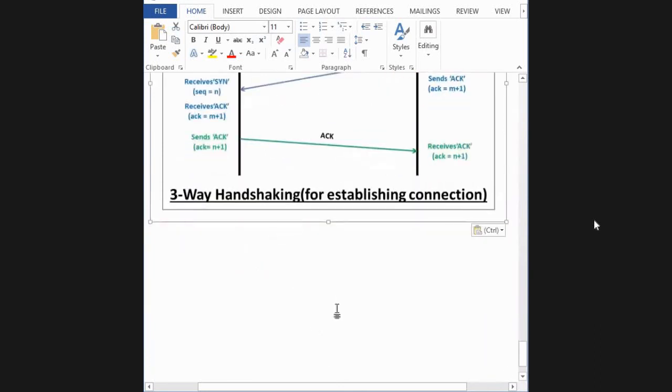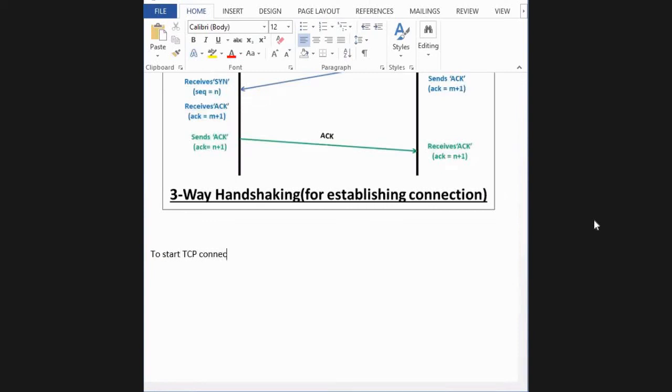Okay, so let's take the notes of this one. To start a TCP connection, the client sends a SYN packet. And the receiver responds with a SYN plus acknowledgement packet.